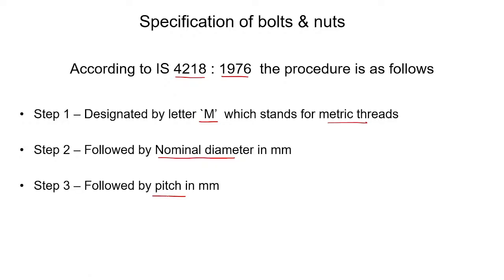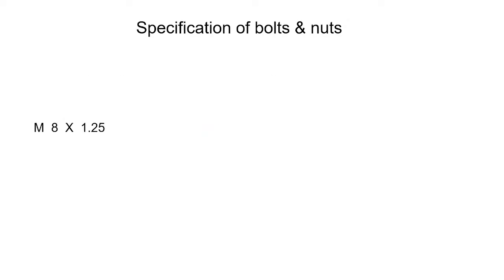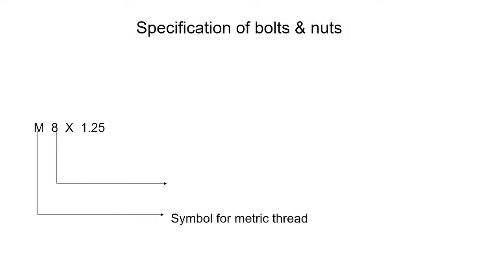Let's understand from an example. M8 cross 1.25: M stands for metric thread, 8 stands for nominal diameter, and 1.25 stands for pitch in mm.